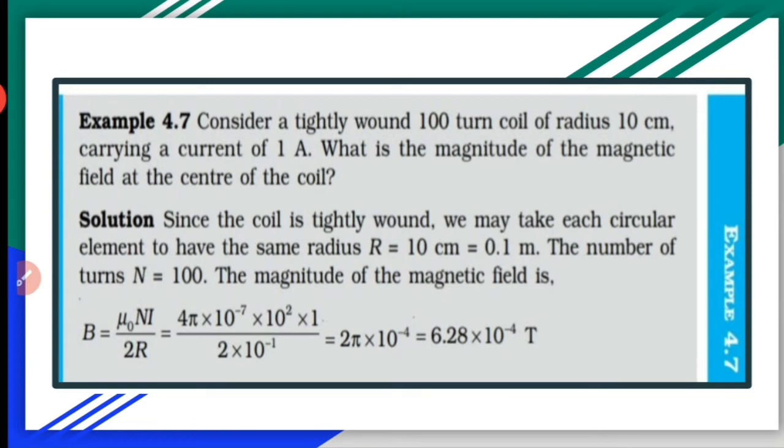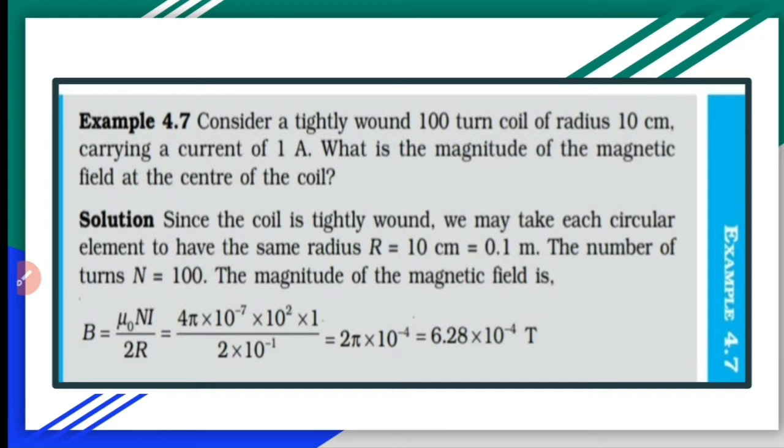Now example 4.7. This is a simple question. Consider a tightly wound 100-turn coil of radius 10 centimeter carrying a current of 1 ampere. What is the magnitude of magnetic field at the center of the coil? So it is a direct application question, you have n turns.